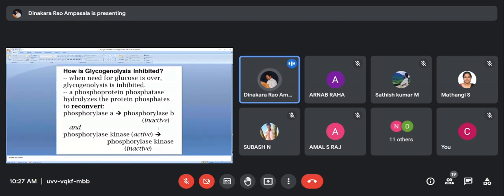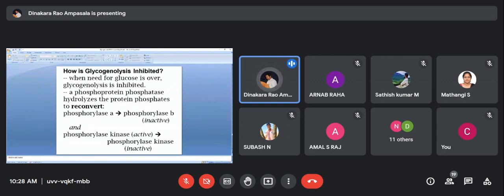So how is glycogenolysis inhibited? When the need for glucose is over, glycogenolysis is inhibited. A phosphoprotein phosphatase hydrolyzes the phosphates. Phosphorylase A, the active form, loses its phosphate molecule and converts into phosphorylase B, the glycogen phosphorylase B, which is the inactive form.